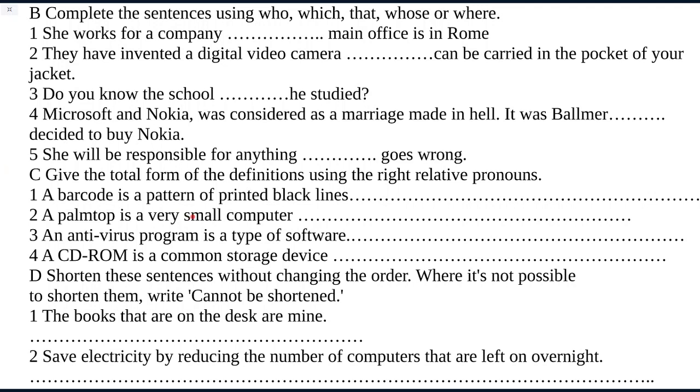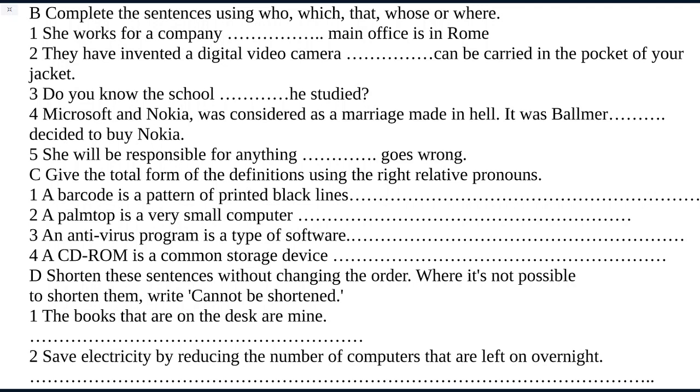It is a very small computer, but what can it do? Or why is it called a palm top? A palm top is a computer that you could carry in your hand. Yes, very good. We can say that. So it's which or that. Very good, perfect.